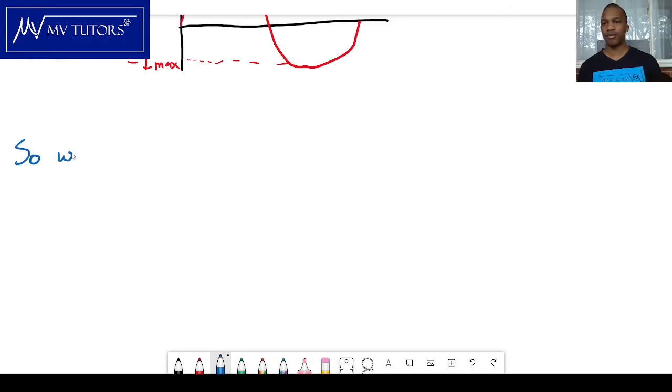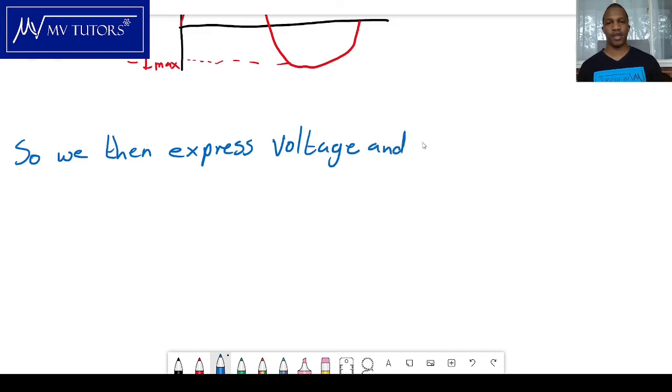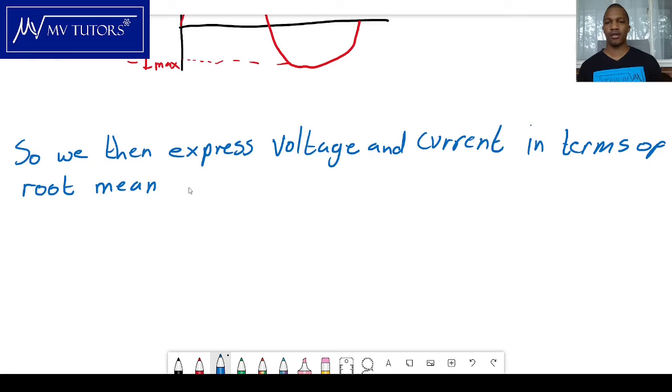So we then express voltage and current, both of them, because they're behaving the same way, in terms of what we call the root mean square.